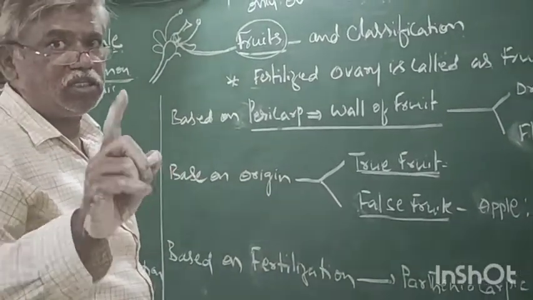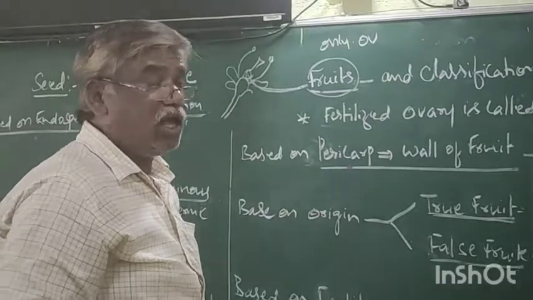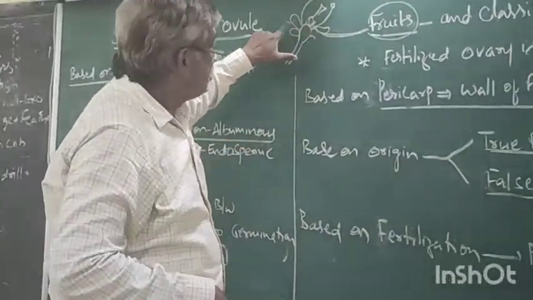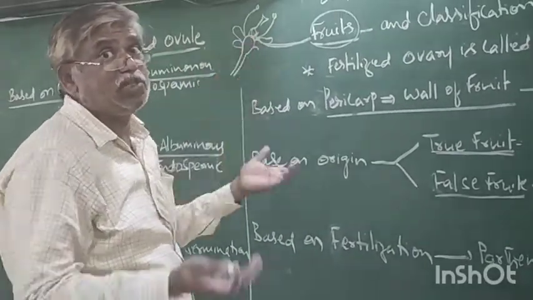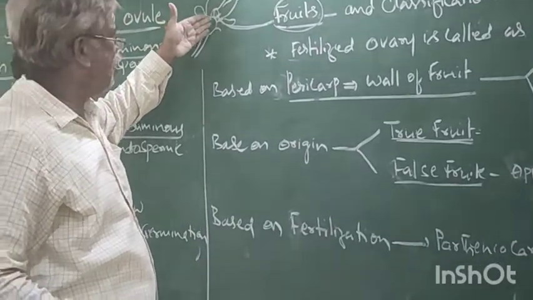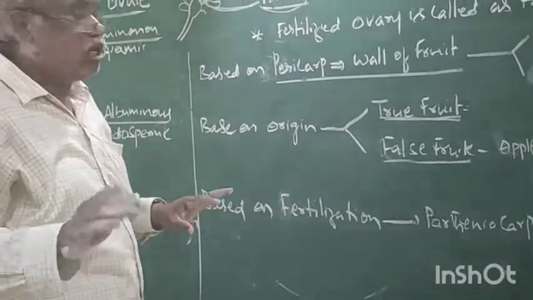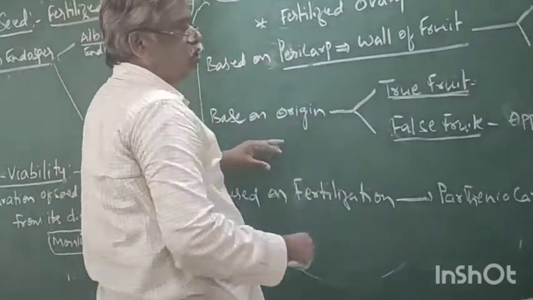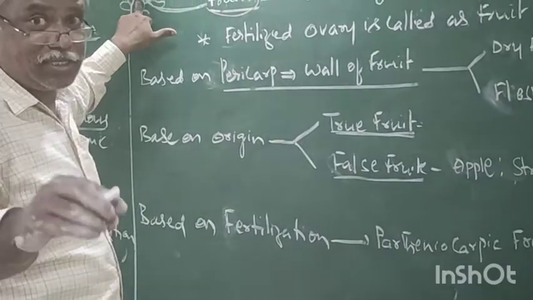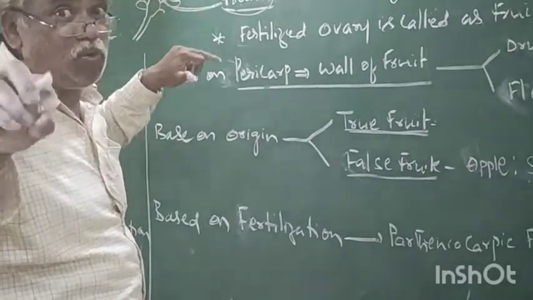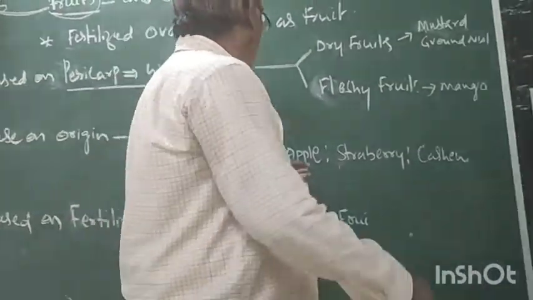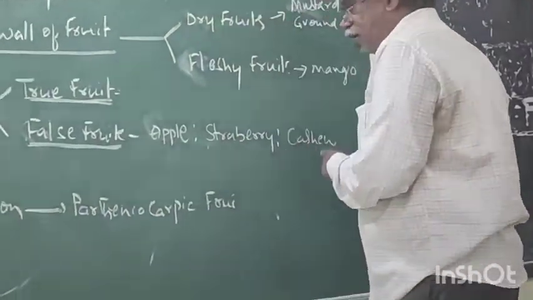If the fruit originates from the ovary, but sometimes in addition to the ovary, some other floral parts are also involved, maybe petals, maybe thalamus, whatever other floral parts, such is called a false fruit. Example, apple, strawberry, cashew.